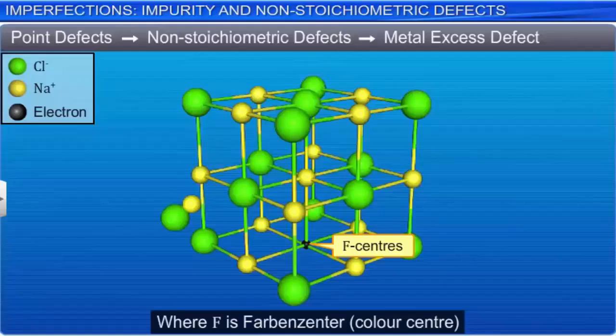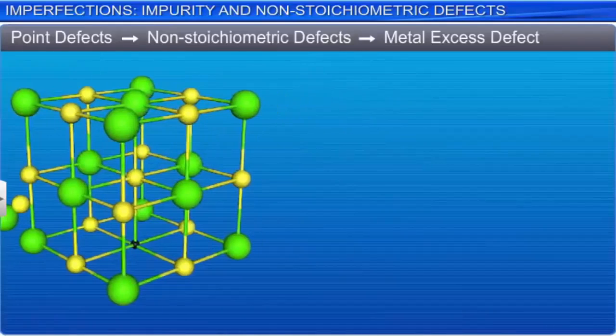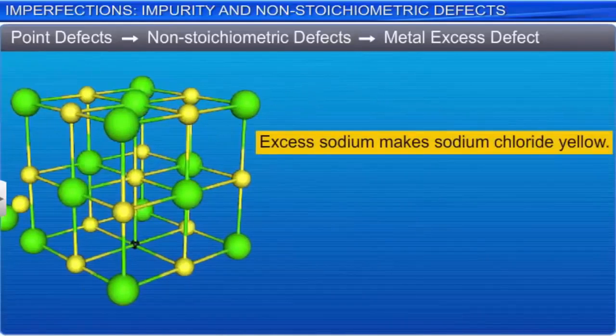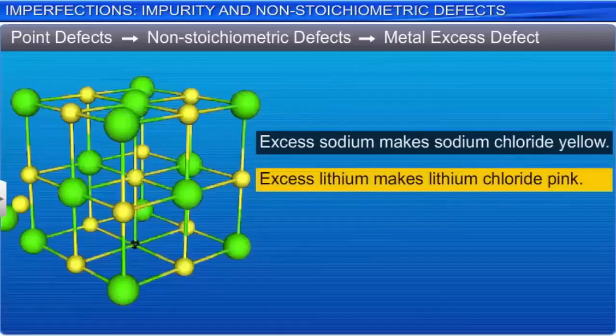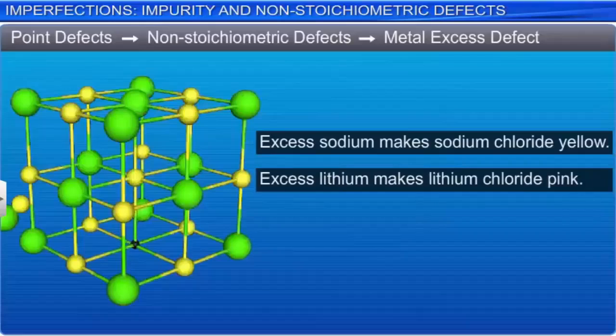For example, excess of sodium makes sodium chloride yellow. Excess of lithium makes lithium chloride pink. And an excess of potassium makes potassium chloride violet.